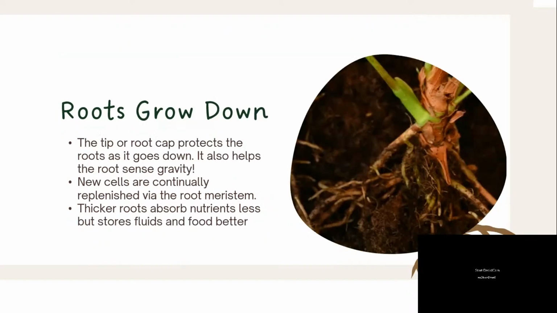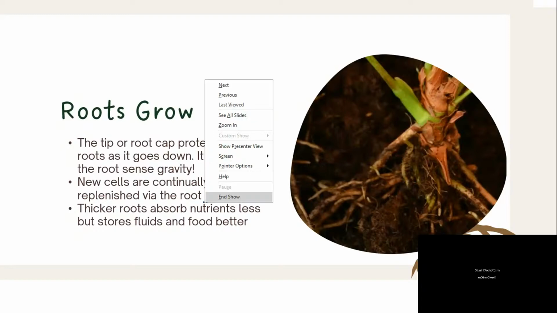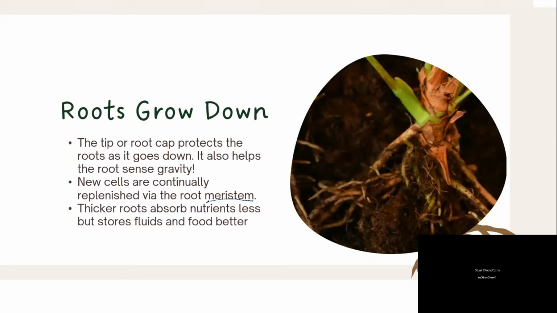All right. So, like we said, the roots are going to go down, and the root tip protects the root as it goes down, and it is also important in helping the root to know where it is going. And this root tip is called a meristem. Just appreciate that it's called a meristem.